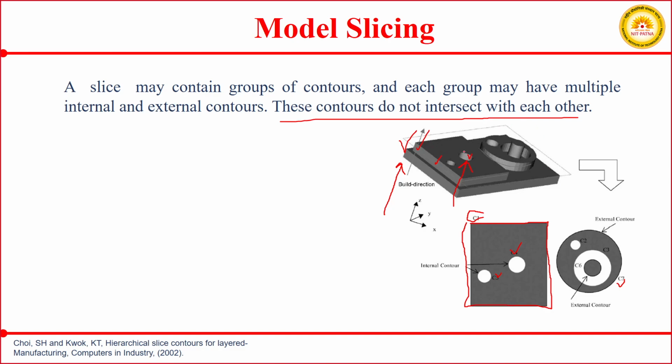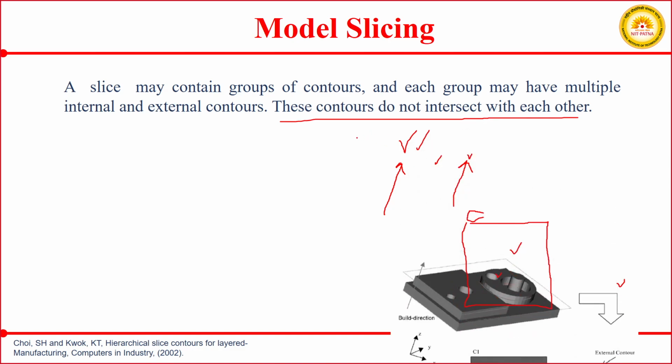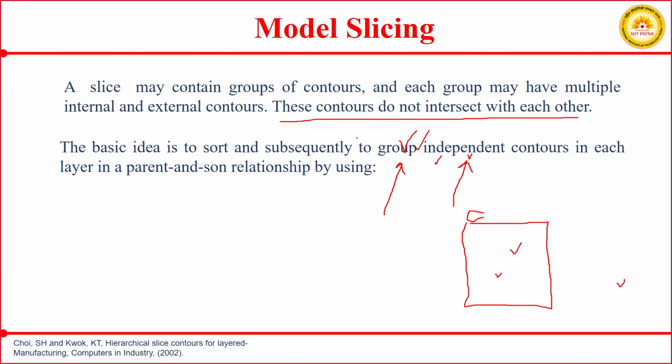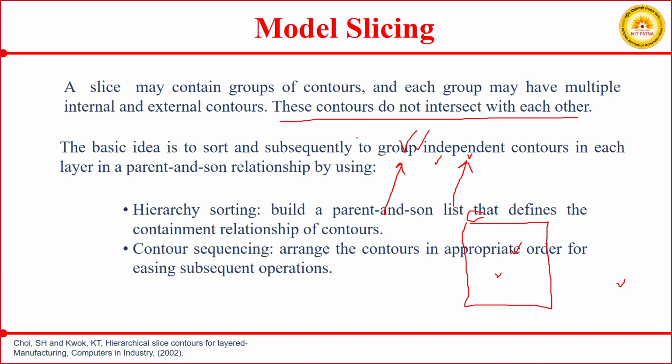The main issue is that you need to identify the relationship, that is the parent and son relationship: which contour is the son and which contour is the parent. How will we identify this parent-son relationship?